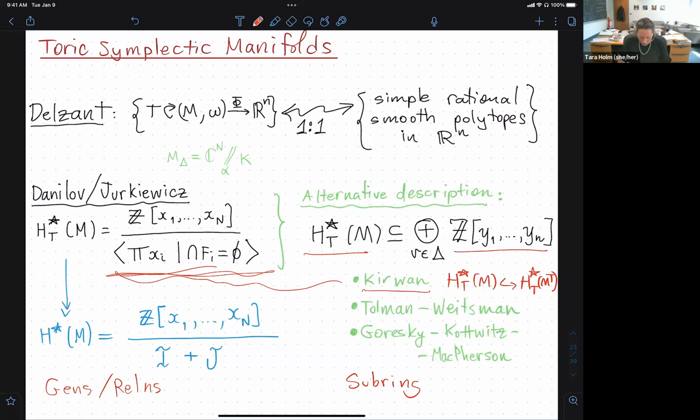What I will say is that these generators and relations presentations are quite amenable to some kinds of computation, amenable to investigation via experimentation in Macaulay2, for example. And there is a tremendous amount of work that has been done on that.